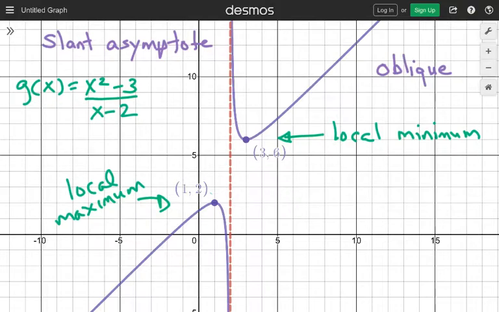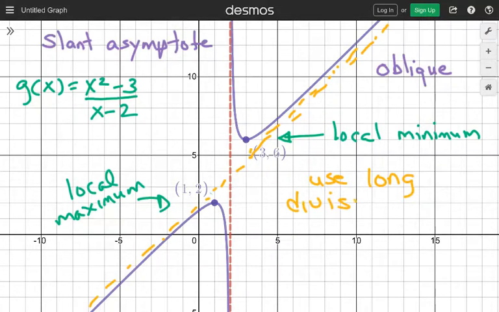That is the line that's not on the graph, but you can sort of visualize it here, and that's what the graph approaches as x goes to positive and negative infinity. How do we find the equation of that line? We have to use long division. It's a good thing to do. So let's find the equation of that line.